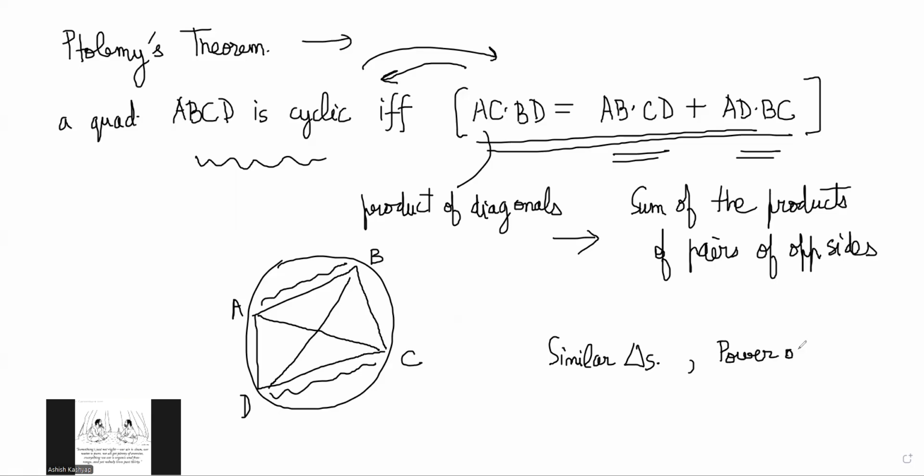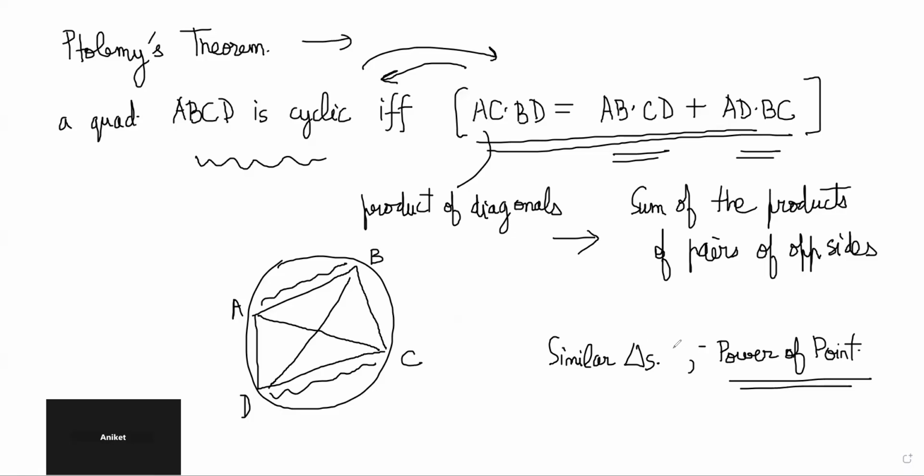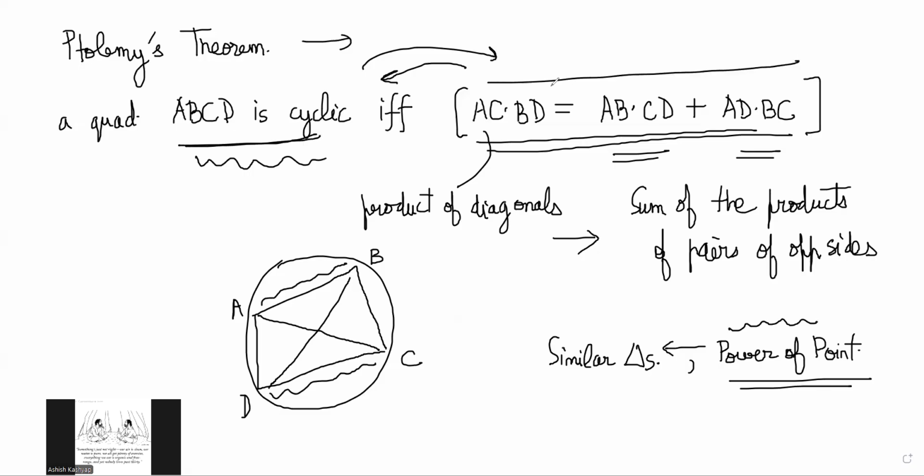Power of a point itself can be derived from similar triangles, right? So what you should do is assume ABCD is cyclic, prove this, and then try to do the reverse. Do you understand what I'm asking? Yes, sir. Try it as homework.